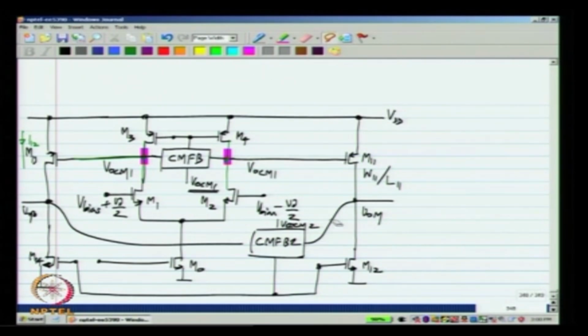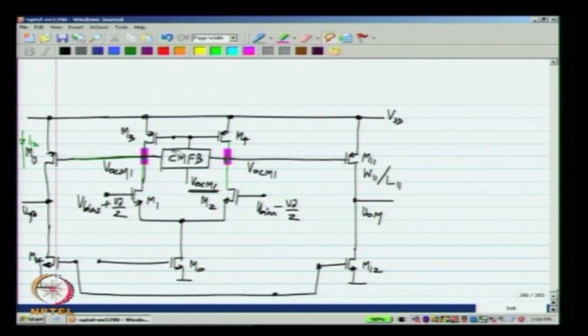To avoid clutter, I will remove the common mode feedback circuits from this. We know that the common mode feedback circuits do not play a role in the differential picture. They may add a load to the differential picture, but that is about it. Okay. This is the point to which we apply the common mode feedback of the first stage, and here is the common mode feedback of the second stage. Okay.